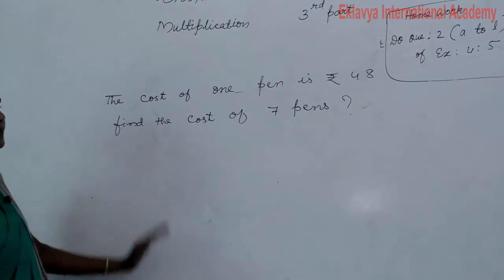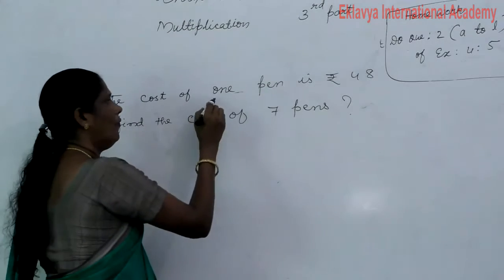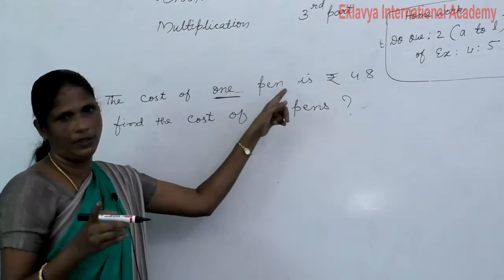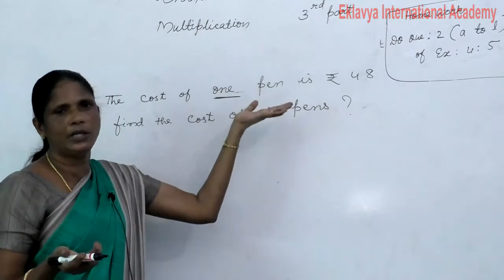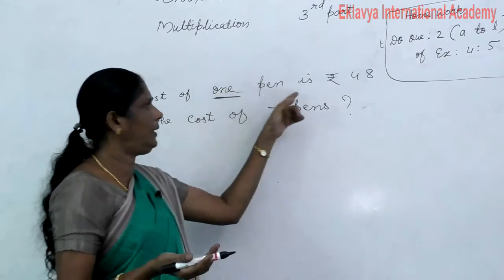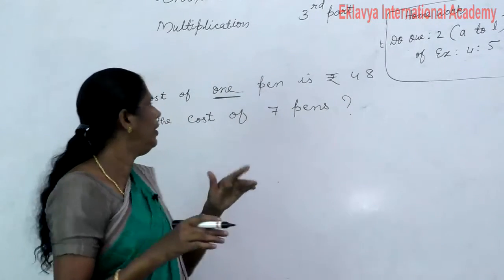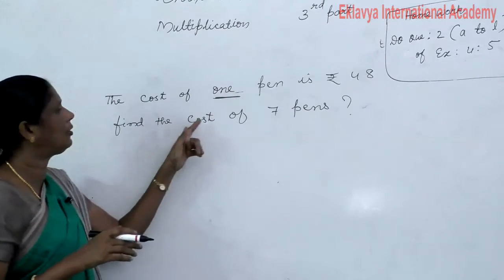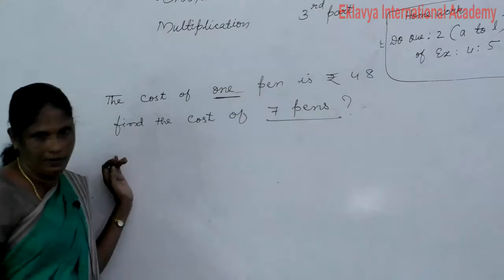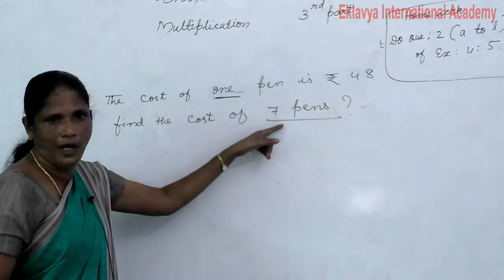Here look, the cost of one pen is given. The things, any things come here. One pen given. The cost of one thing is given. You find the cost of 7 pens. One given, many find.